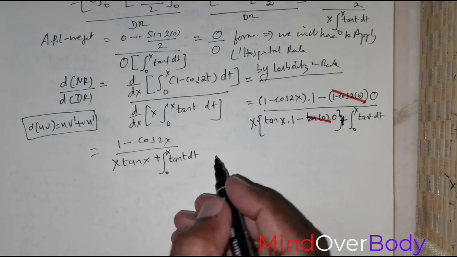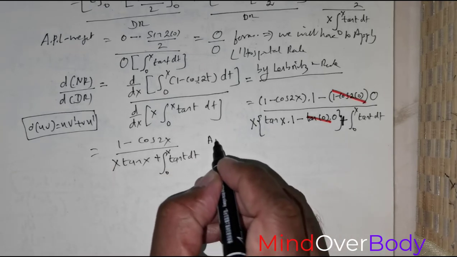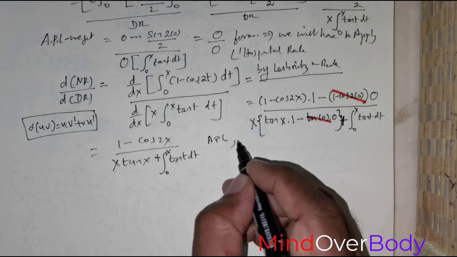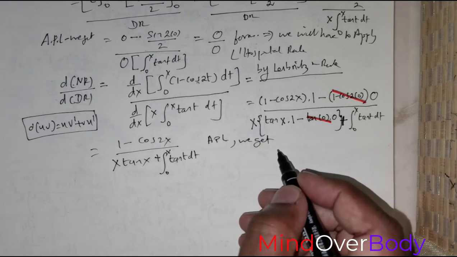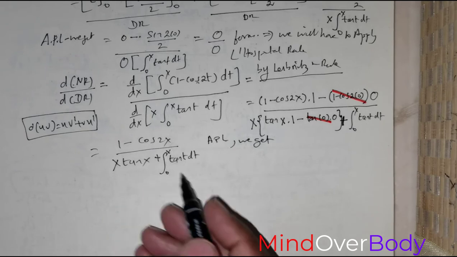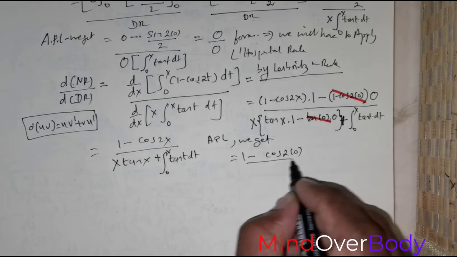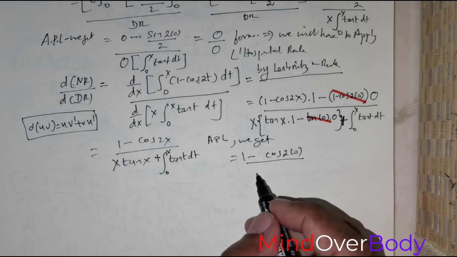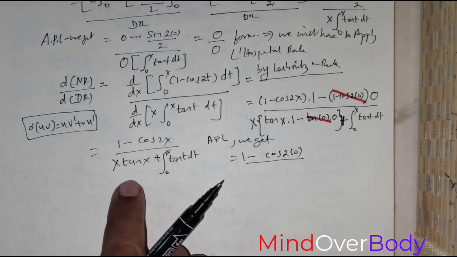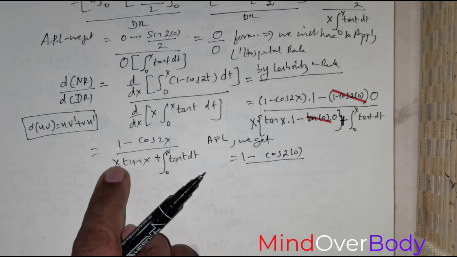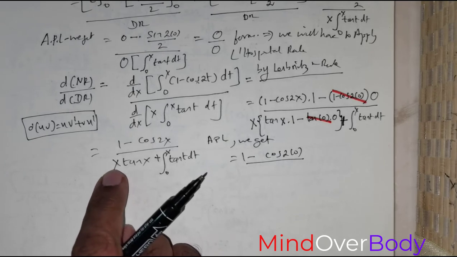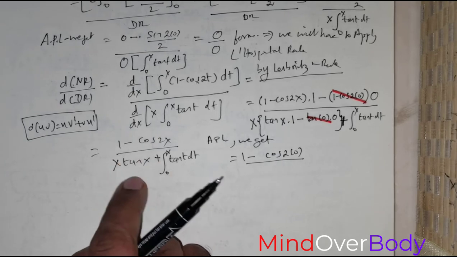So now what I'm going to do is apply the limits. Applying limits, we get, if you have to apply x equal to 0, this is going to be 1 negative cos of 2 times 0 divided by. Now if you were to apply x equal to 0, this is going to go off.